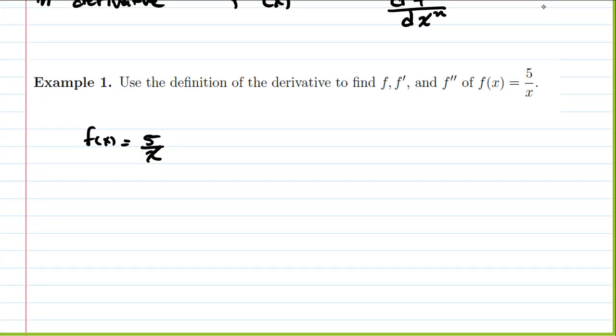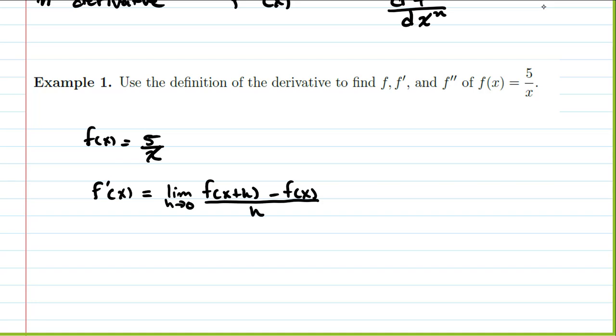And then our definition of the derivative is, well, f prime of x is equal to the limit as h goes to 0 of f of x plus h minus f of x, all over h.